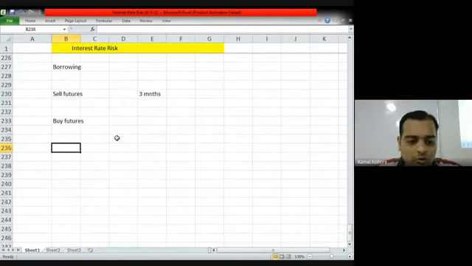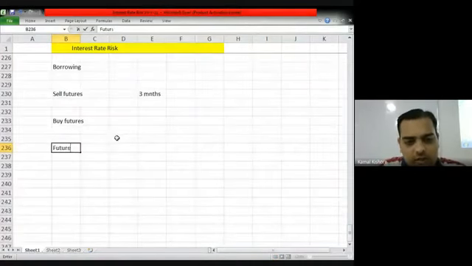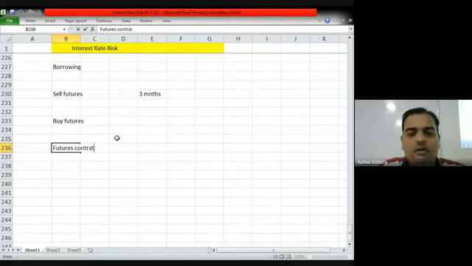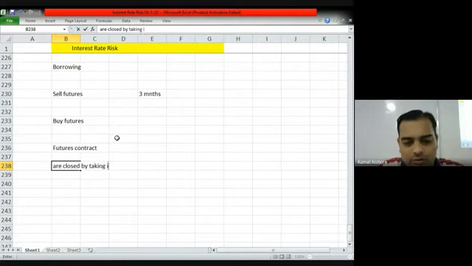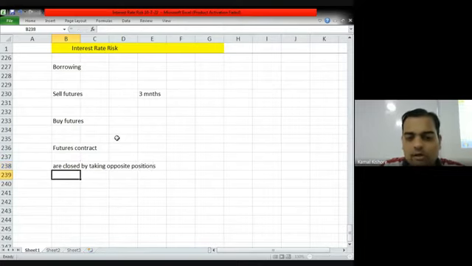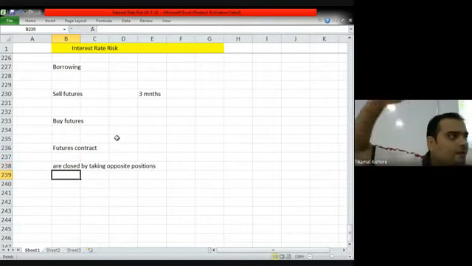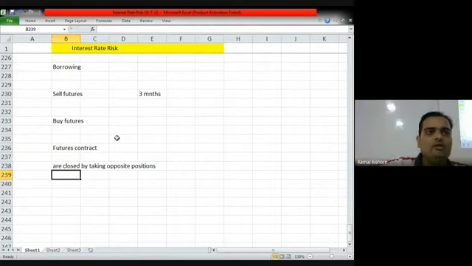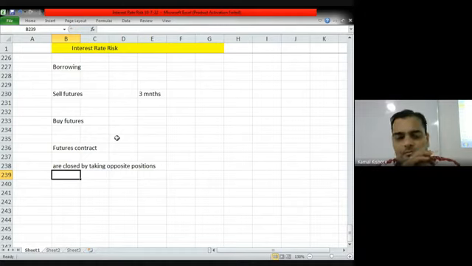Futures contracts are generally closed by taking opposite positions. That means you are entering into two contracts, one today and one at a later date, an opposite contract, so that the transaction is closed and the differential is settled.